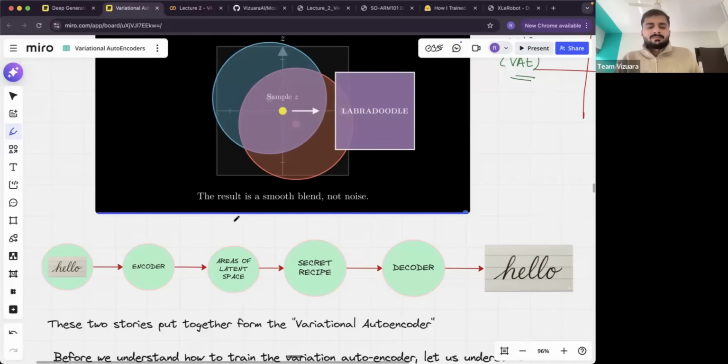Once you have the encoder, the output of the encoder, which is the secret recipe, the hidden factors of variation, the slantness and the neatness of the handwriting, is passed as an input to the decoder, which then constructs the final image. And you can't expect this image to completely match the original because we are compressing a lot of data, so we are bound to lose some information. But we want to maximize this reconstruction.